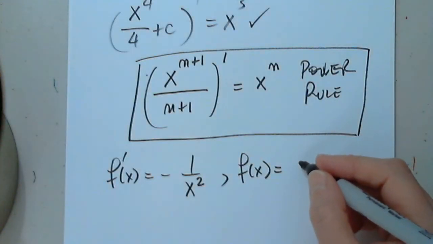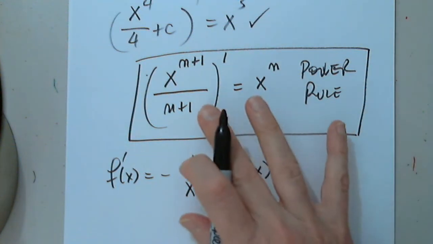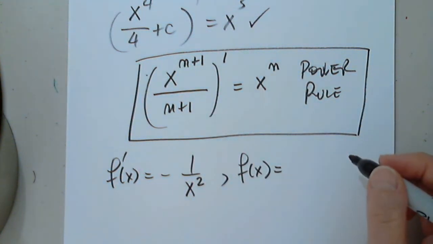It's negative x to the third over 3. You can use this if you want to, but not the way you did it.